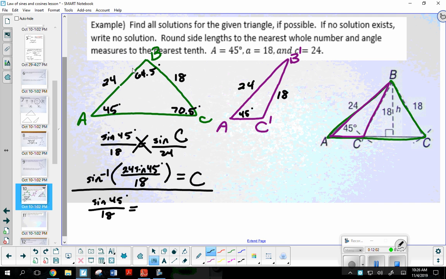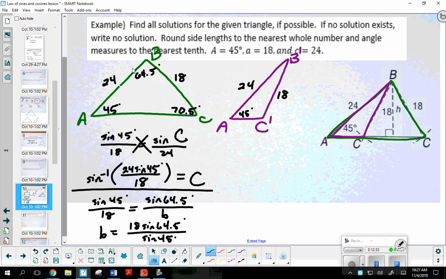Okay, so sine of 64.5 over that side B I'm looking for. Okay. So what would B equal? 18 sine 64.5 divided by sine 45 degrees. There we go. Now, we're not looking for an angle measure here, so we are not taking a sine inverse.